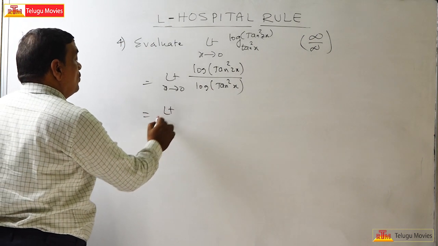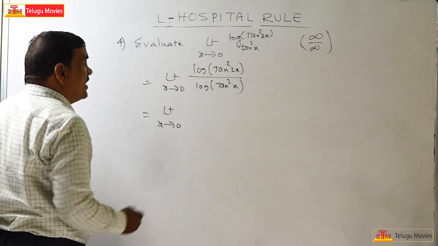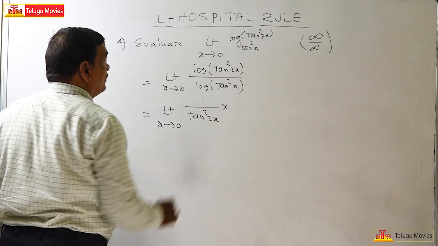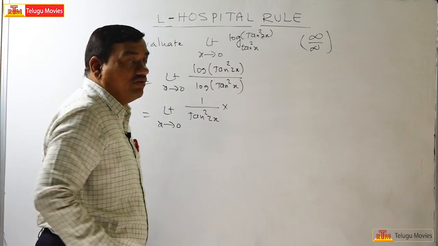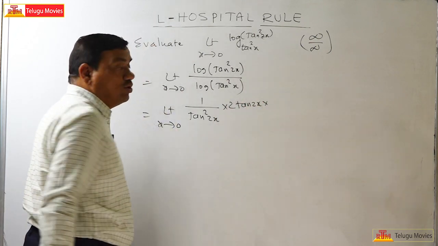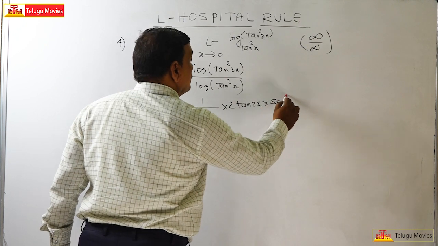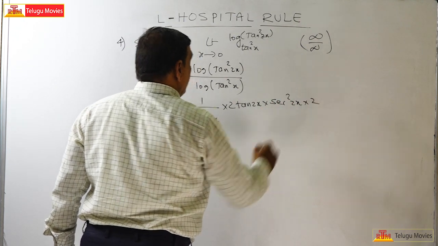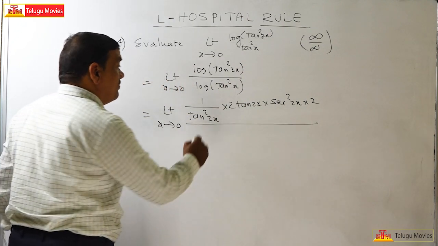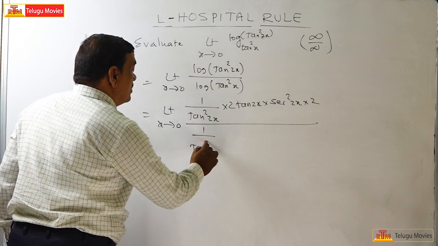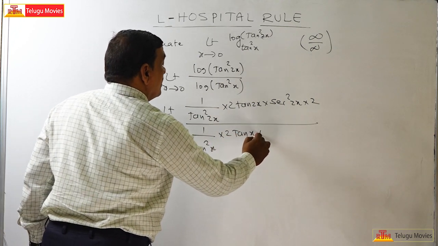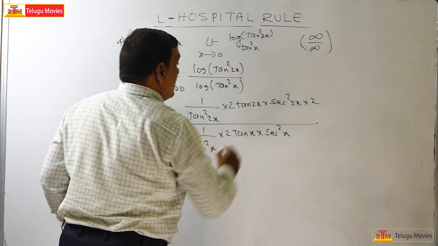So the limit as x tends to 0: the derivative of log x is 1 by x, that is 1 by tan square 2x into the derivative of tan square 2x, which is 2 tan 2x, again the derivative of tan 2x is secant square 2x, and the derivative of 2x is 2, divided by, here also, 1 by tan square x, again 2 tan x, and the derivative of tan x is secant square x.